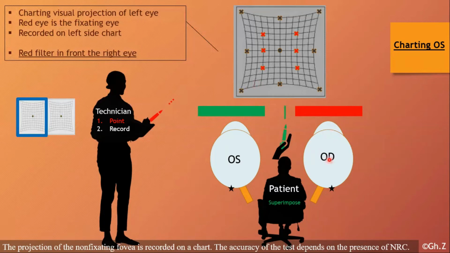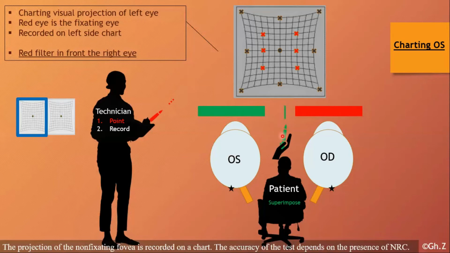So the right eye is the fixating eye. Since the right eye is behind the red filter, it is considered the fixating eye because the technician is holding a red light. But the left eye, behind the green filter, sees only the green slit held by the patient.